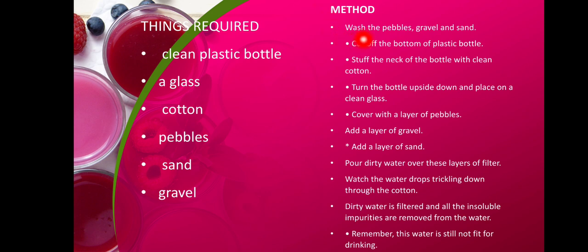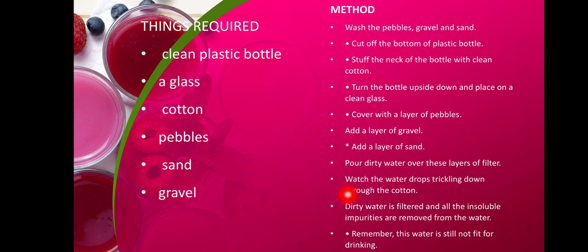The imperative verbs are used in the beginning. Wash the pebbles, gravel, and sand. Then cut off the bottom of the plastic bottle. Stuff, then turn, cover, add, pour, watch dirty water.